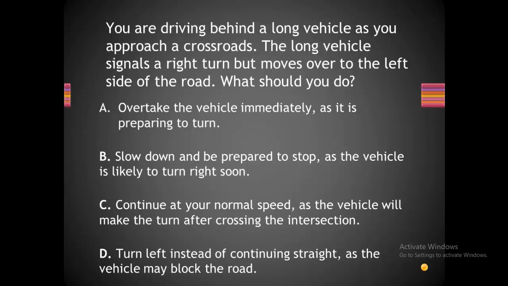Option B, slow down and be prepared to stop as the vehicle is likely to turn right soon. Option C, continue at your normal speed as the vehicle will make the turn after crossing the intersection. Option D, turn left instead of continuing straight as the vehicle may block the road.